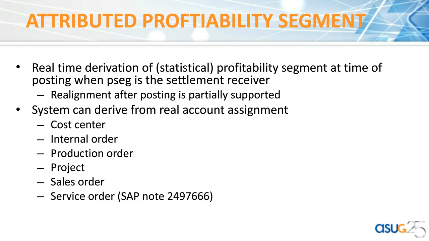So this gets me more real-time information. Of course, at settlement at period end, we would have the real assignment to the profitability segment. So think of this as a statistical view until period end.